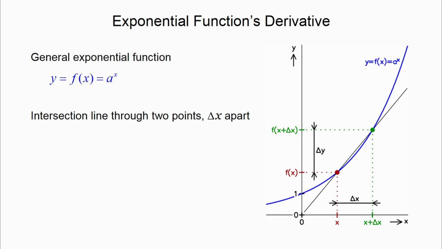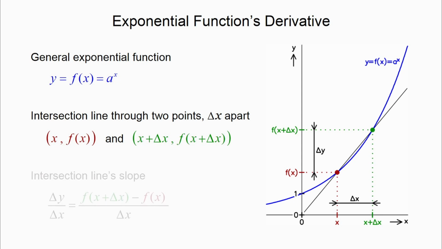The intersection line crosses the coordinates of both points. For the red one, these are x and f of x, and for the green, x plus delta x and f of x plus delta x. The intersection line's slope, that is delta y over delta x, equals therefore the vertical distance f of x plus delta x minus f of x divided by the horizontal distance delta x.